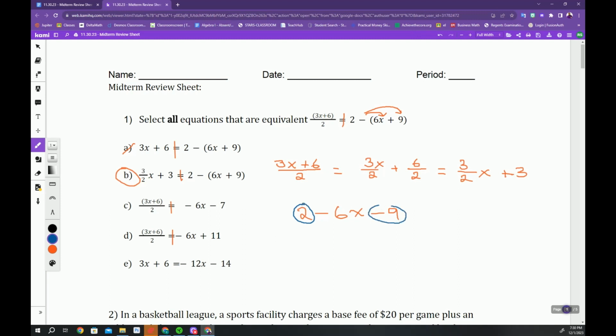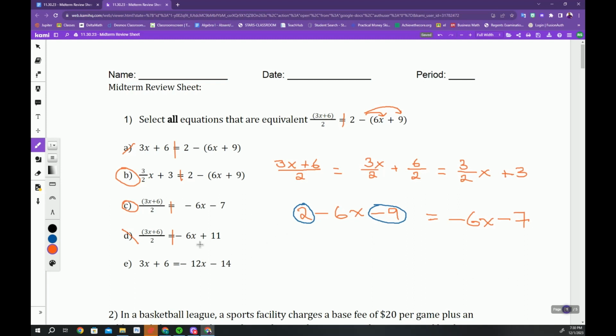This is the same as saying 2 minus 9, which is negative 7. If I bring the negative 6x at the beginning, I get negative 6x minus 7, which is what is here. So the option is C, but it's not negative 6x plus 11, so it's not D.